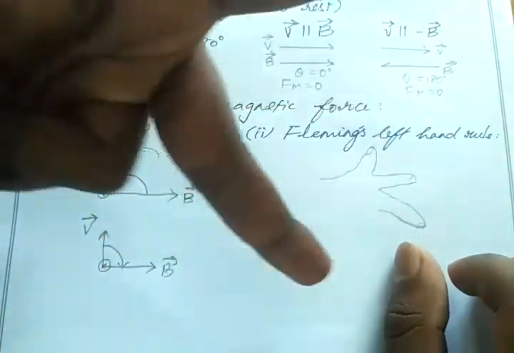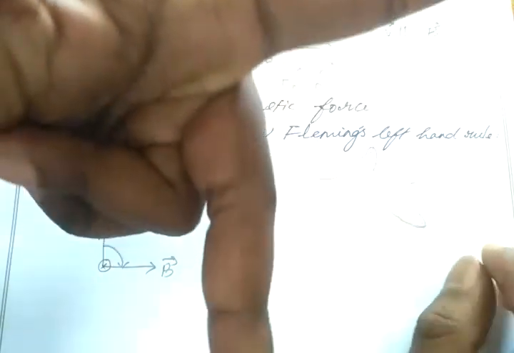So my thumb finger, my forefinger, and my middle finger are mutually perpendicular. Okay. You use your left hand. So this angle will be 90 degree, and the angle between forefinger and middle finger is also 90 degree. Angle between thumb finger and middle finger is also 90 degree. So each finger creates an angle of 90 degree.